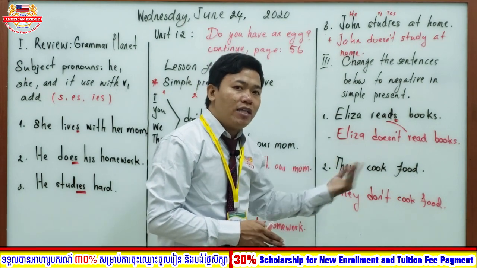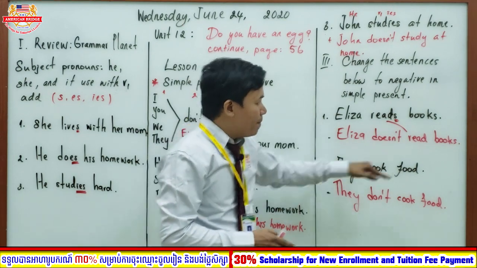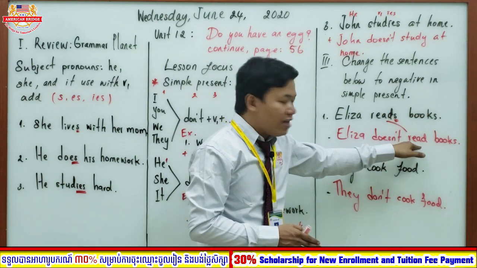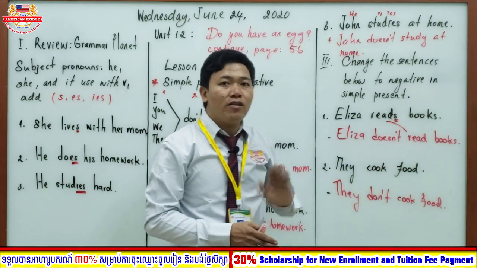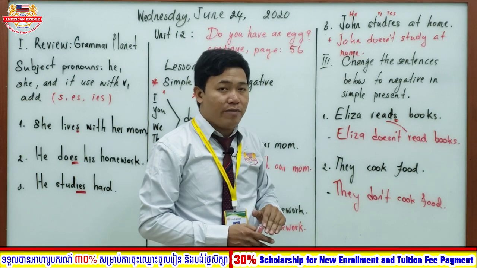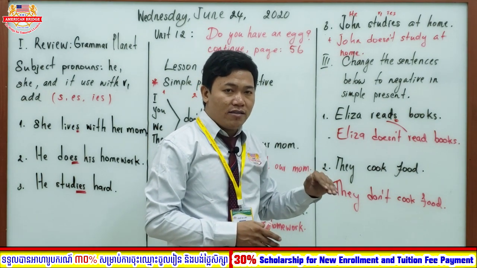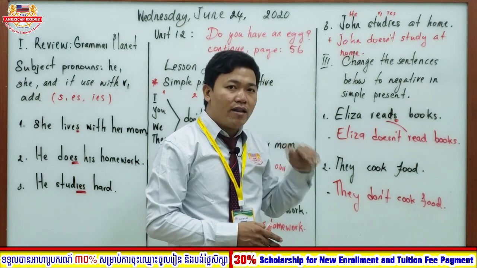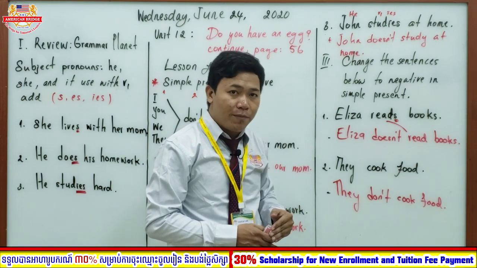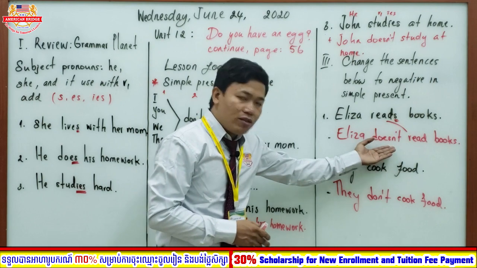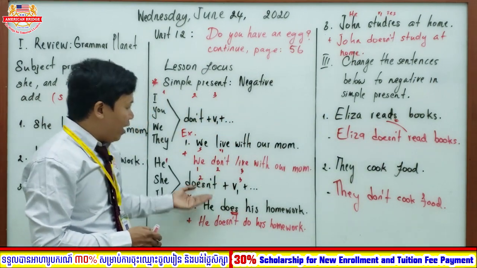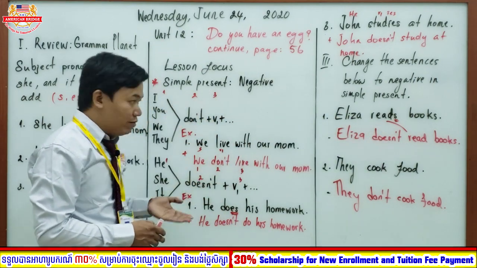But whenever it changes to negative, S, ES and IES are not added. Remember, S, ES and IES are not added to the verb in negative form. So whatever we need to do is just follow the form I have written down for you.